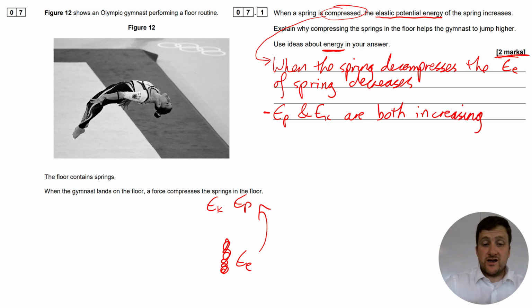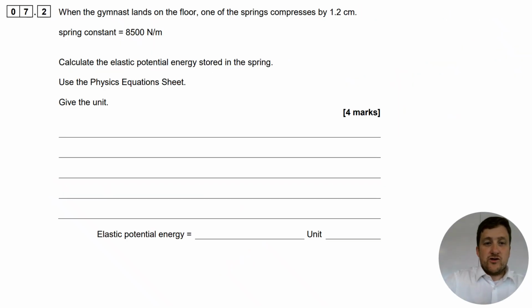Very much that diagram: if energy is stored in one place, it's going to be transferred to another place. The elastic potential energy has been transferred to the gravitational potential energy store and the kinetic energy store of the gymnast.